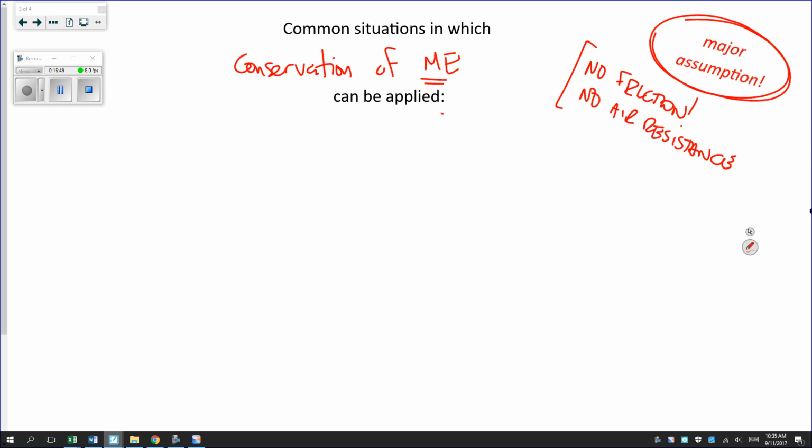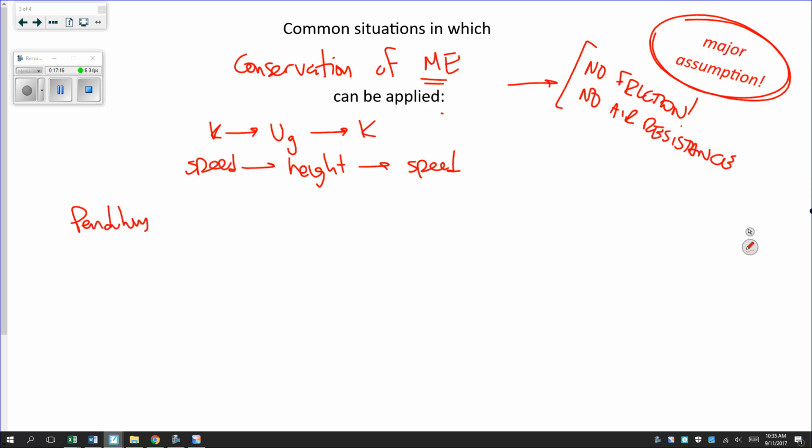So when can we use mechanical energy conservation? Well, lots of cases where K turns into U, or U turns into K, or basically where speed turns into height, or height turns into speed. And let's assume there's no friction and stuff. So when's that? Well, one of them is certainly the pendulum. And again, assuming that ideally the pendulum is in a vacuum.